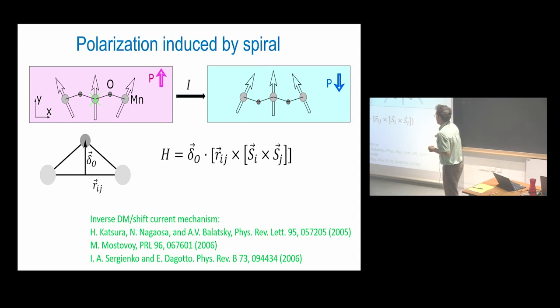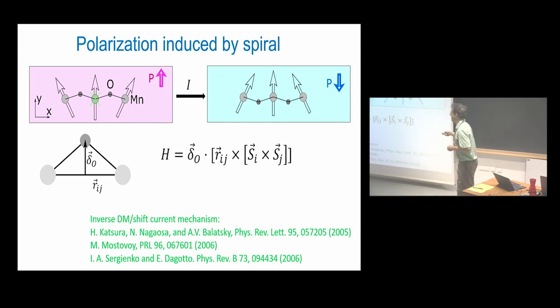So if the octahedral tilts lead to these buckled oxygens, then a spiral appears due to Dzyaloshinskii-Moriya. That's seen in many materials, like bismuth ferrite, which is probably the most famous. But in terbium manganite and other materials where the spiral is stabilized by competing exchange interactions, where the spiral is already stabilized, this mechanism gives off-centering of oxygens, right?